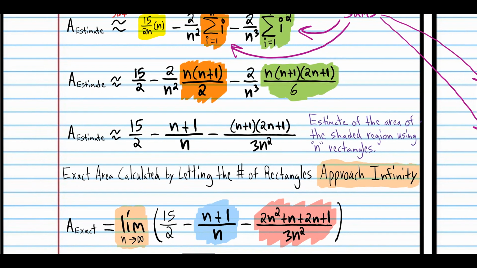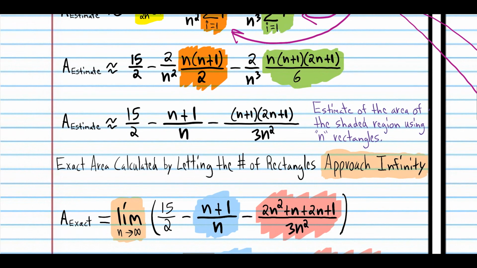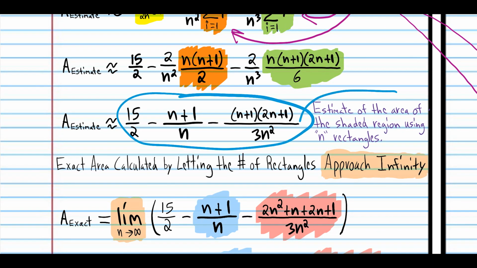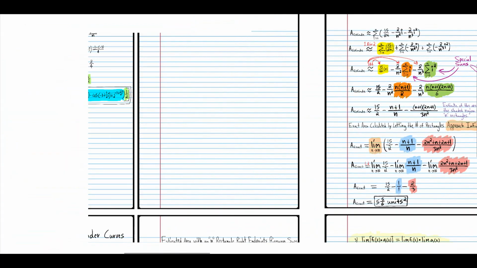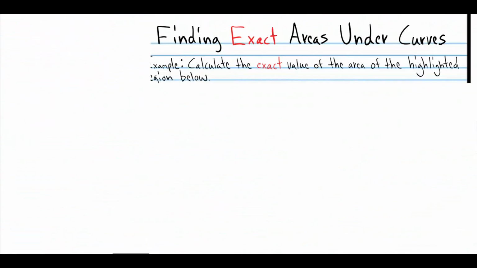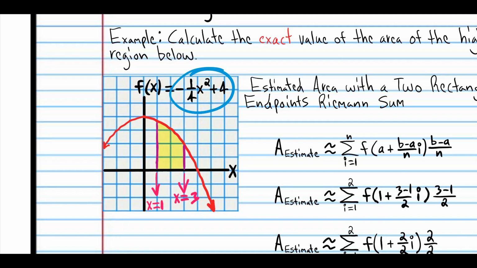Alright, so again, you can stop the video anytime you want to and confirm all this stuff. So this expression represents an estimate of the area of the shaded region that we talked about under the curve in this particular example using n rectangles. This is all based on this example here with this exact function.